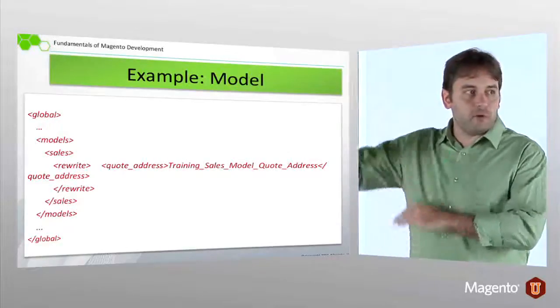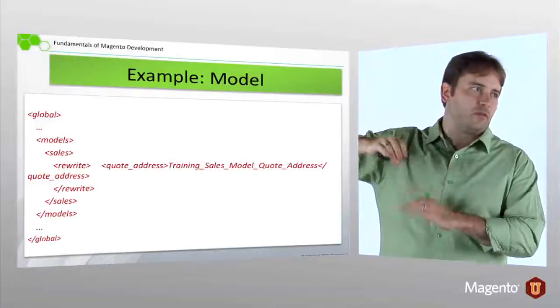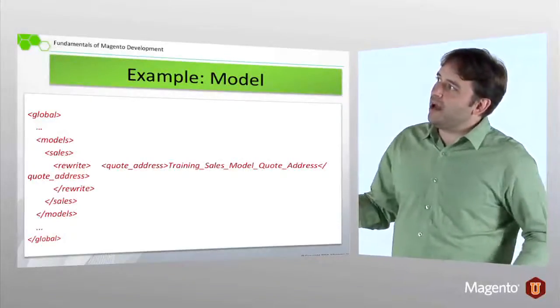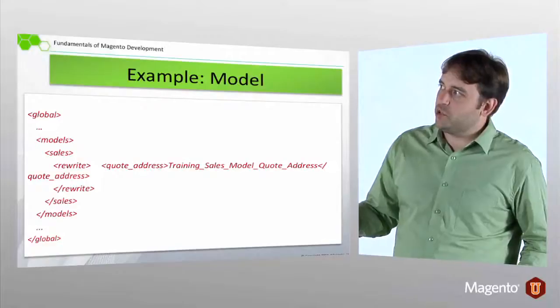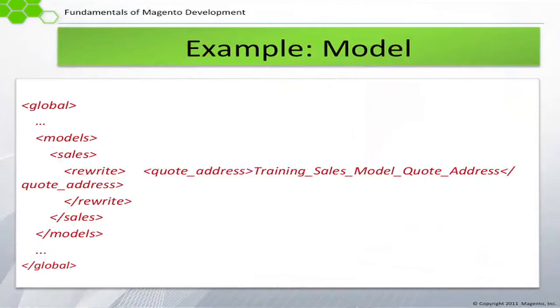If we looked at the output of the full configuration object, you would have sales, and then inside sales you'd have class, with Mage_Sales_Model as the value inside the class node, and that's your class prefix. And again, that's how sales is translated to Mage_Sales_Model.